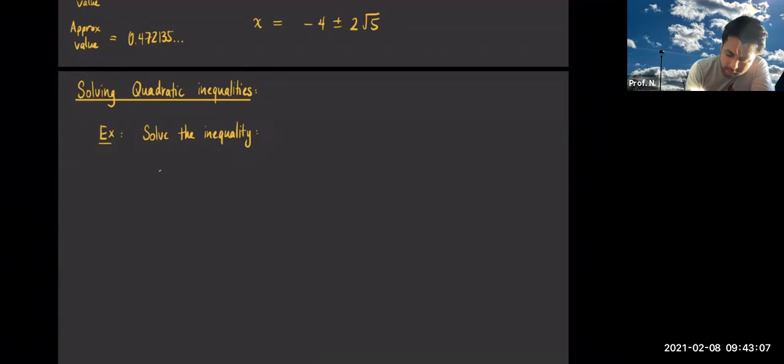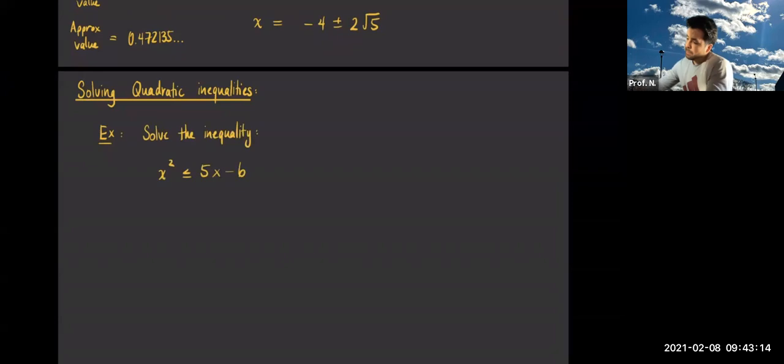And this inequality is this: x squared less than or equal to 5x minus 6. You see here we have a less than or equal to symbol, not an equal sign. It's a less than or equal to symbol.